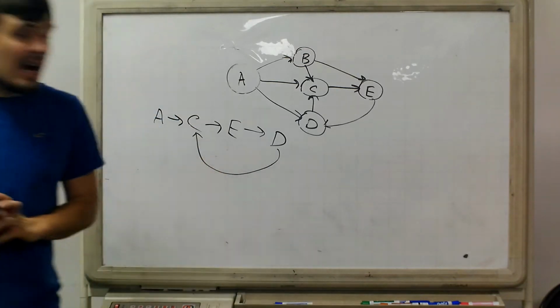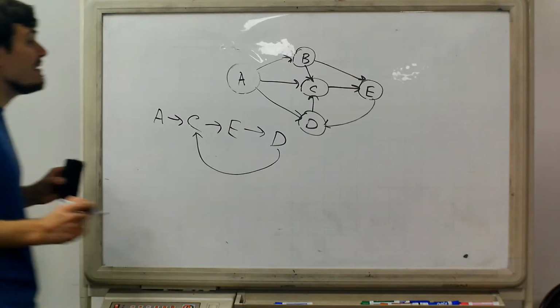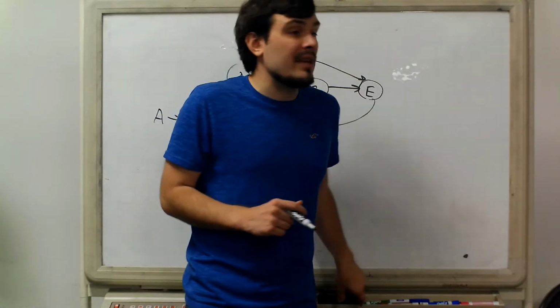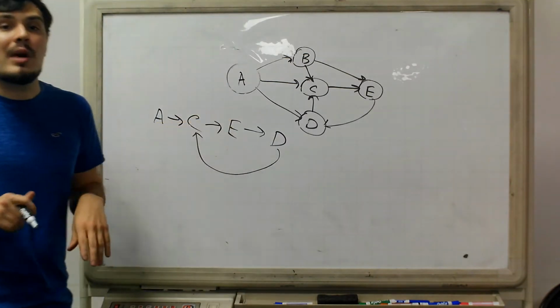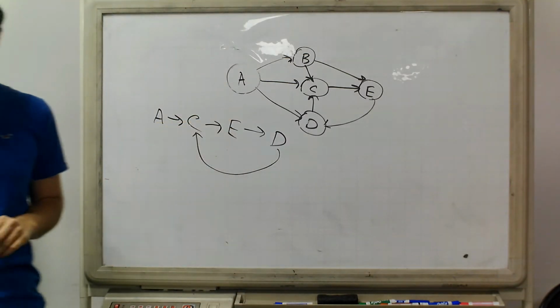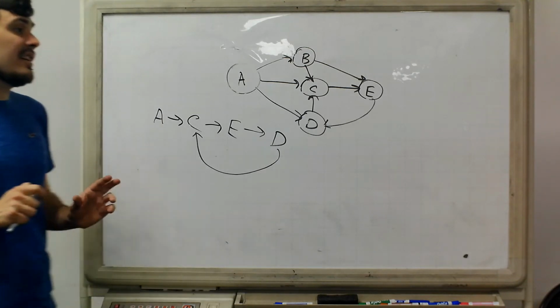So if we ever find a cycle, we can terminate right away because there's no way that this can have a topological sort. There's no way that this has a topological order.